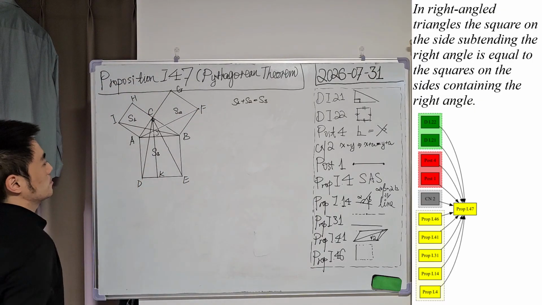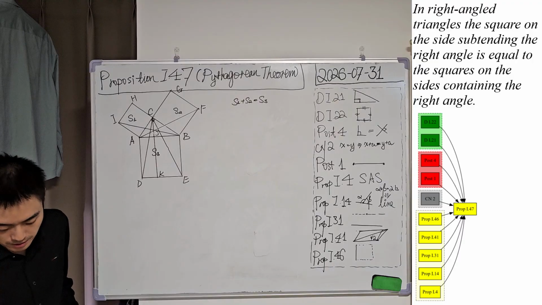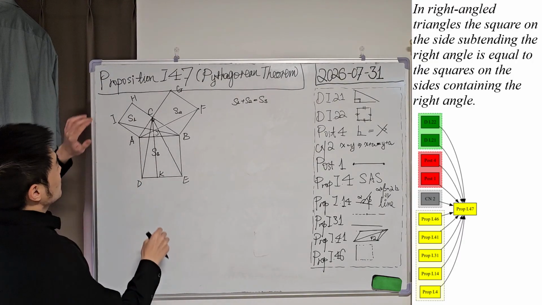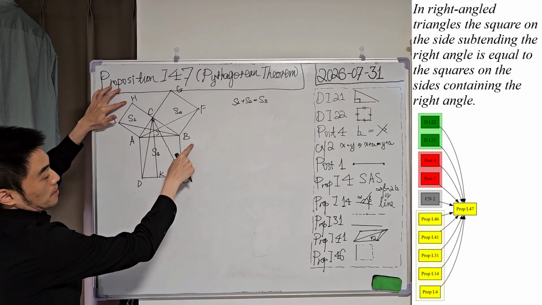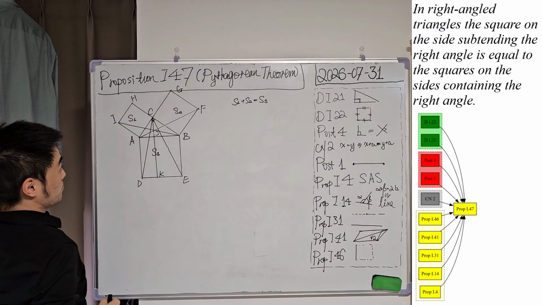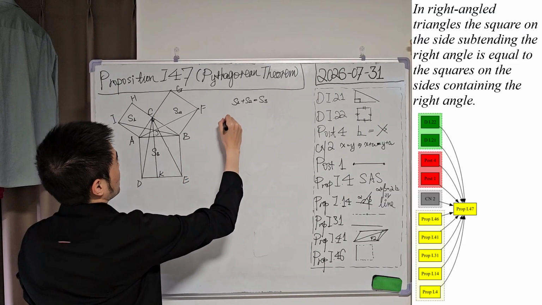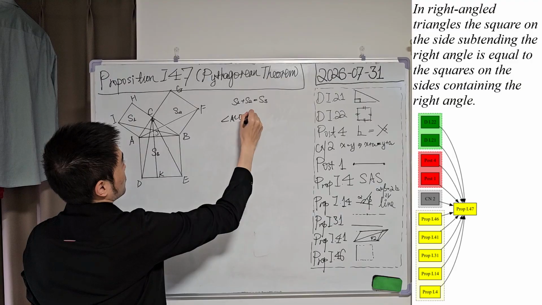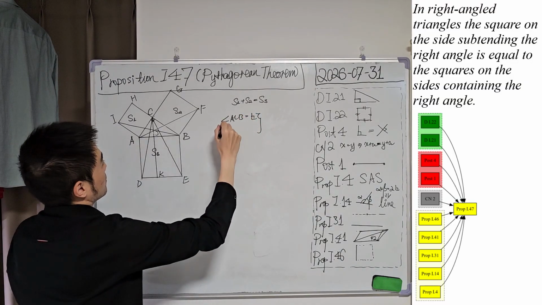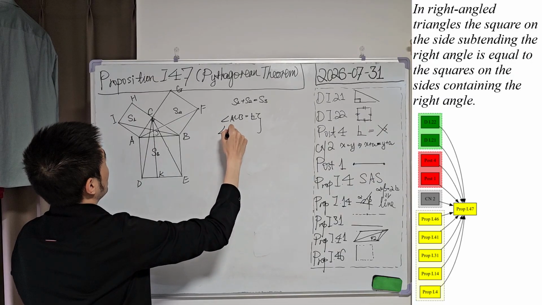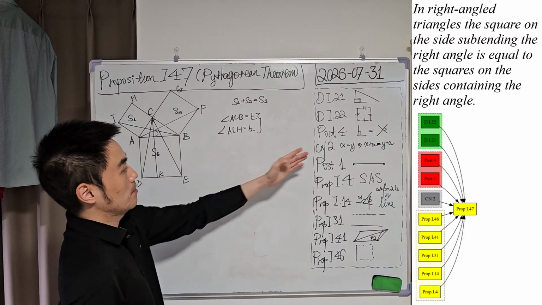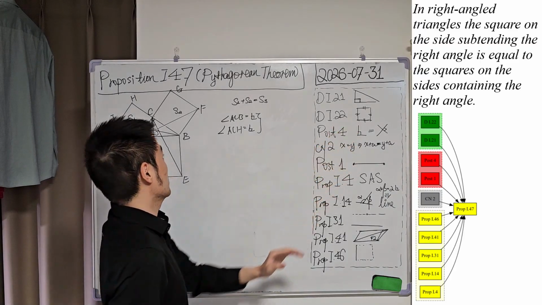In the next step, let's prove that HCB are in the same straight line, as well as ACG. We know that angle ACB is equal to a right angle, and angle ACH is also a right angle because of definition 22 of a square.